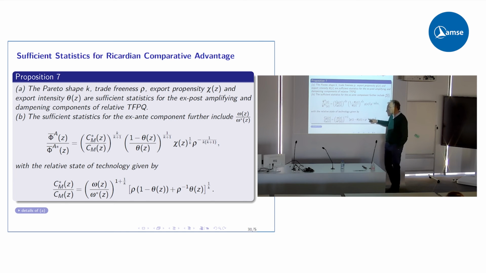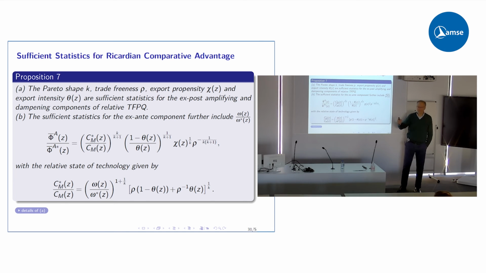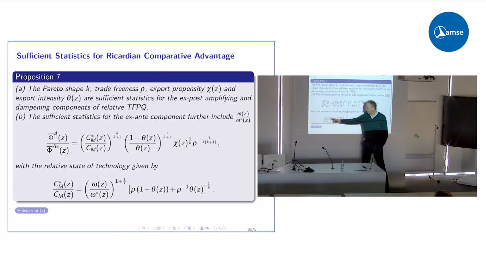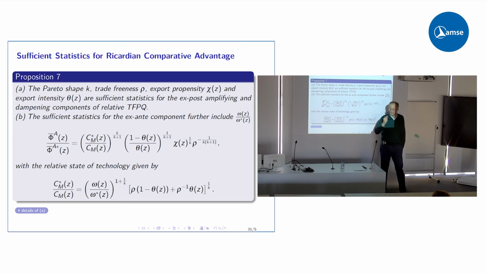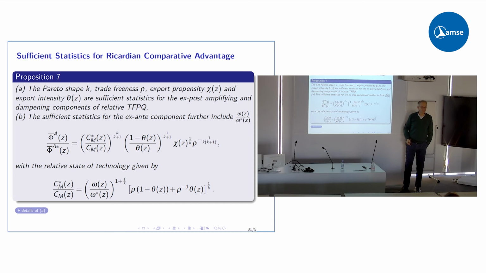You can compute it for all the industries in your data, and then you can rank them according to these ratios. And so you can say that when this ratio is very high, we have a comparative advantage. When it is very low, we have a comparative disadvantage. And so you have a continuum, a ranking of all these sectors in terms of sectors that have stronger comparative advantage.